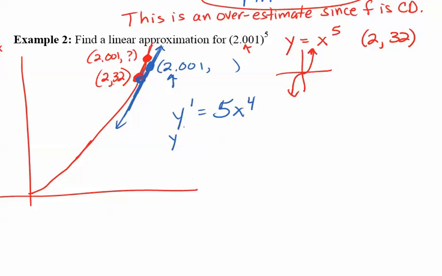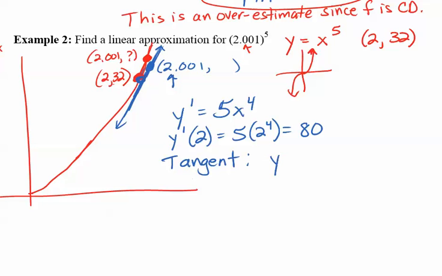And now we do our easy point. So the derivative when x is 2 would be 5 times 2 to the fourth. 5 times 16 is 80 for our slope and our point of tangency. So now we know our tangent equation, y minus 32 is equal to the slope of 80, the derivative, times (x minus 2).